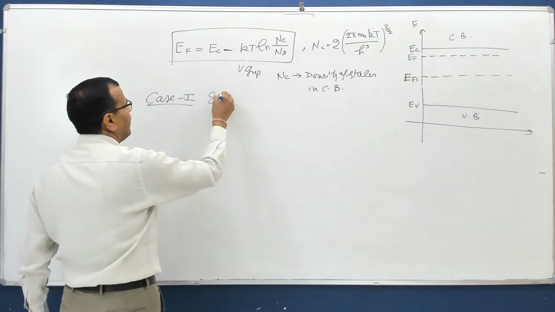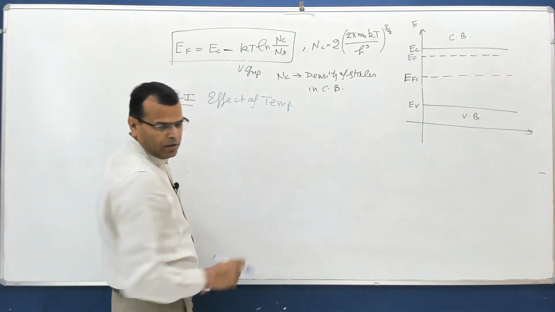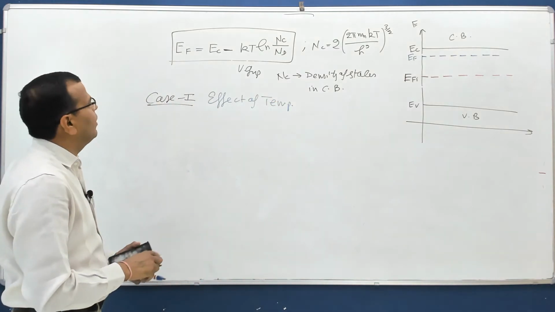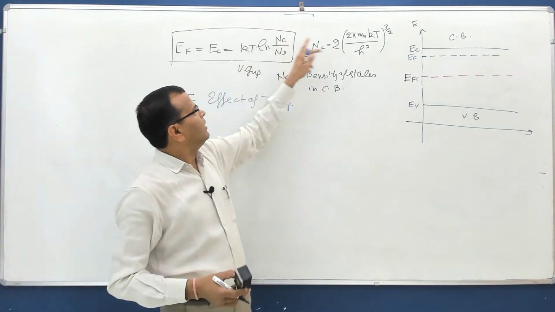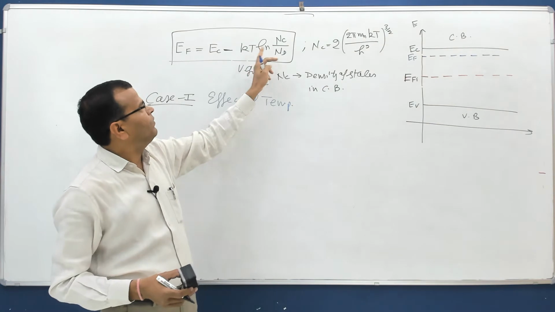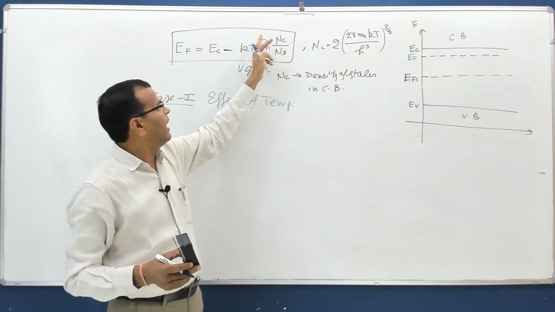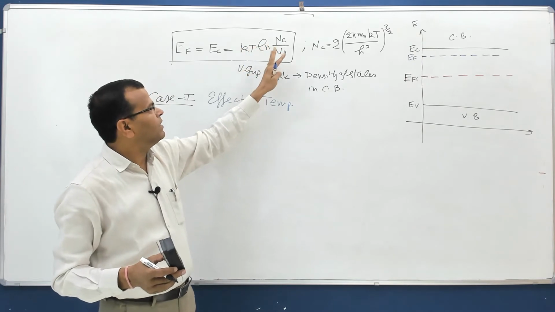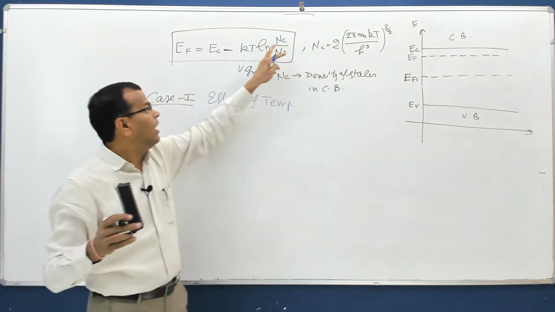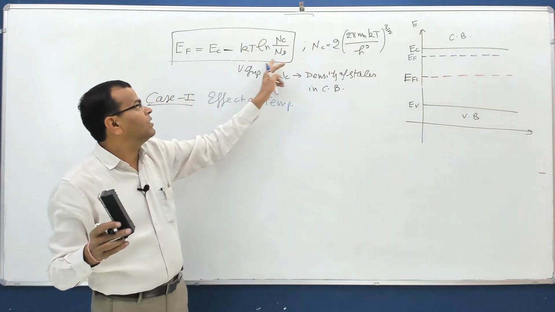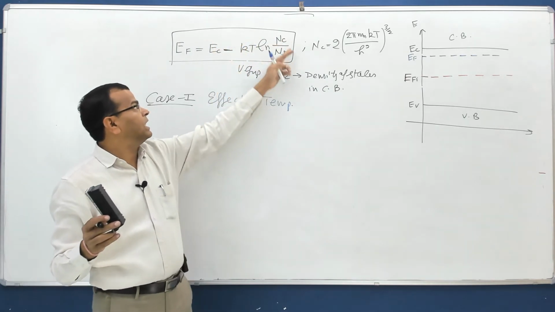Case 1, effect of temperature. Let us see how it goes. See the temperature. If you increase the temperature, this will increase. That means density of states in the conduction band will increase with temperature, and this factor will increase. That means if this increases, this factor will decrease.